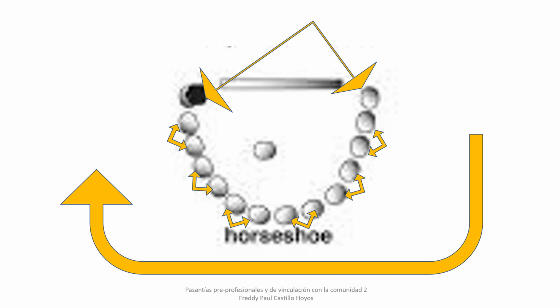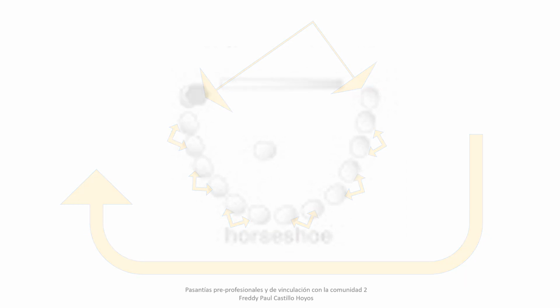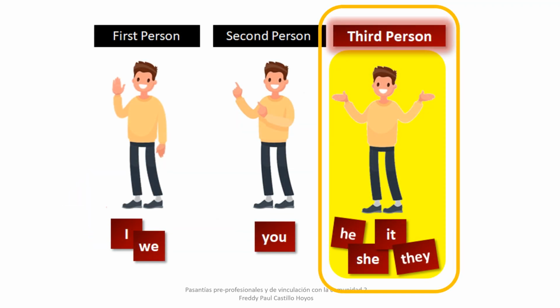The reason why they are going to do this is to practice the third person with the information provided by the previous partner. They are going to practice the conjugation of the third person.